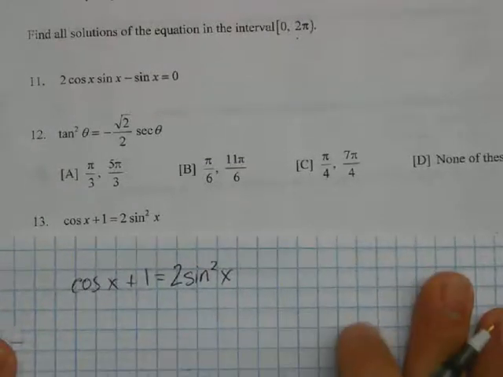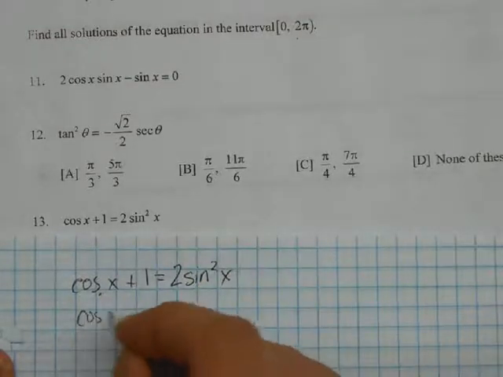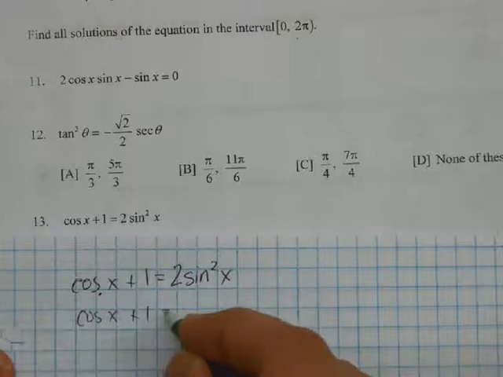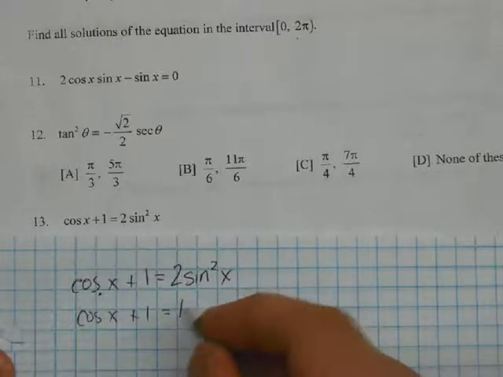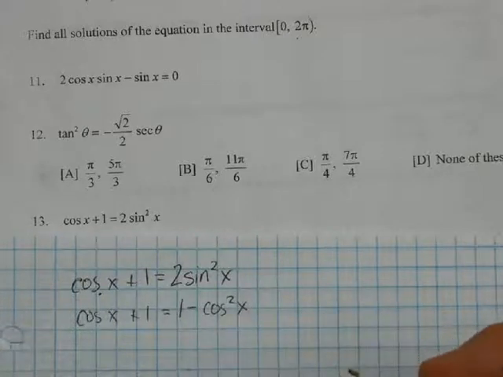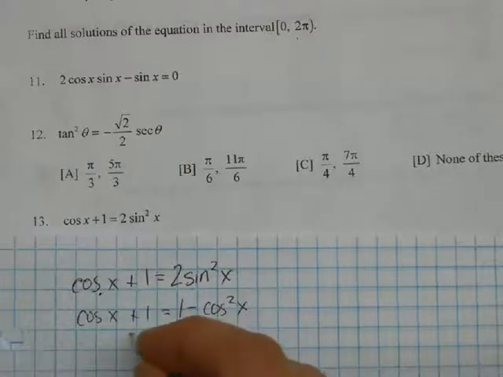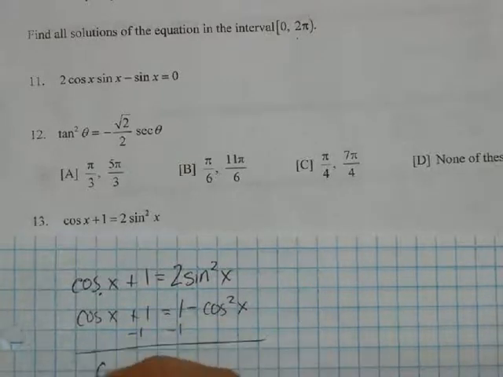Okay, so for number 13, notice that I have a cosine and a sine, or actually a sine squared. Since it's really difficult, if we can't factor something out, to have 2 different trig functions, we want to write it as the same trig function. So I'm going to rewrite that as 1 minus cosine squared x. Now I'm going to collect all the terms to one side of the equation. So I'll first subtract 1 from both sides. I get cosine x equals negative cosine squared x.